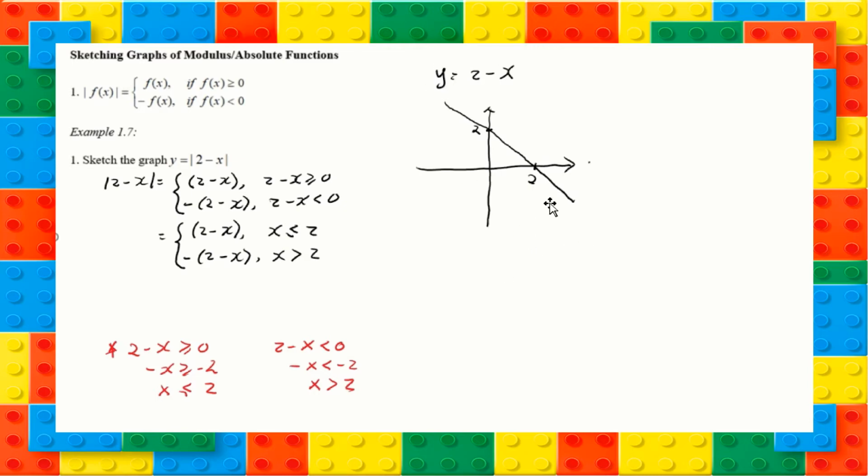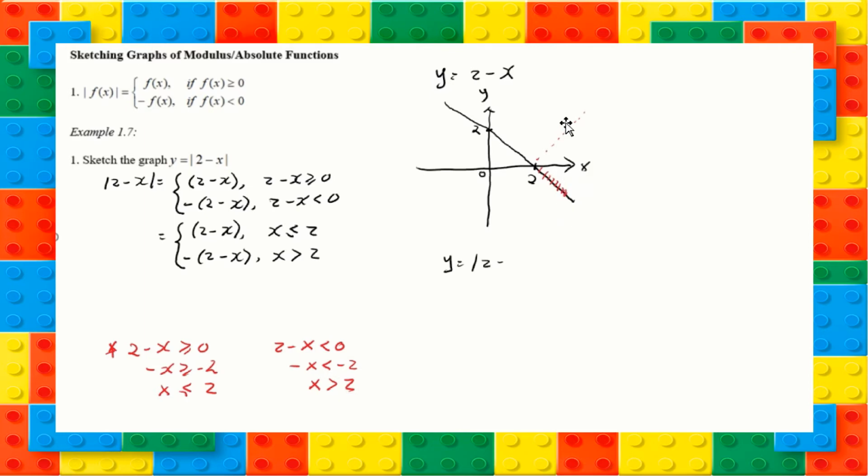Now based on this graph, we can get the graph for the modulus of 2 minus x. What we need to do is, for the part of the graph which is below the x-axis, it needs to be reflected up by using the x-axis as the line of reflection.